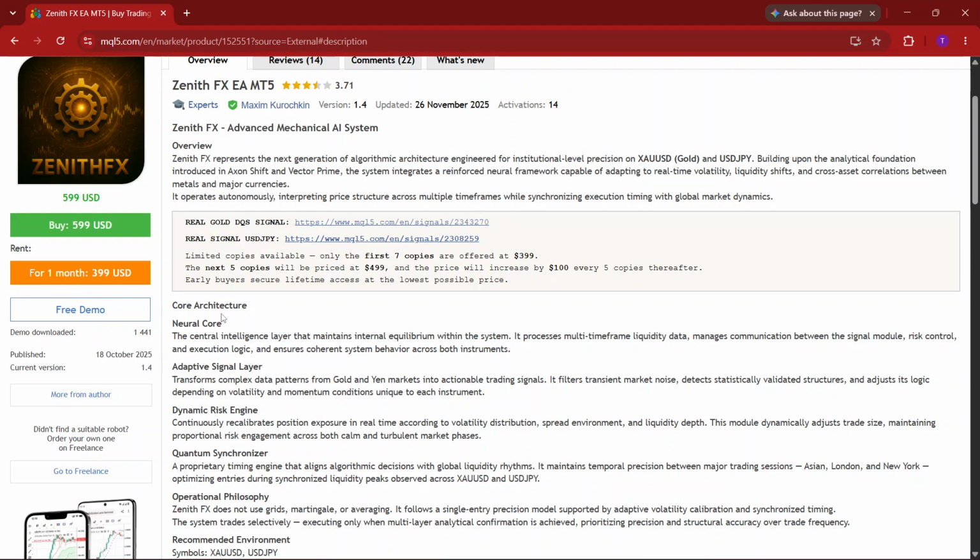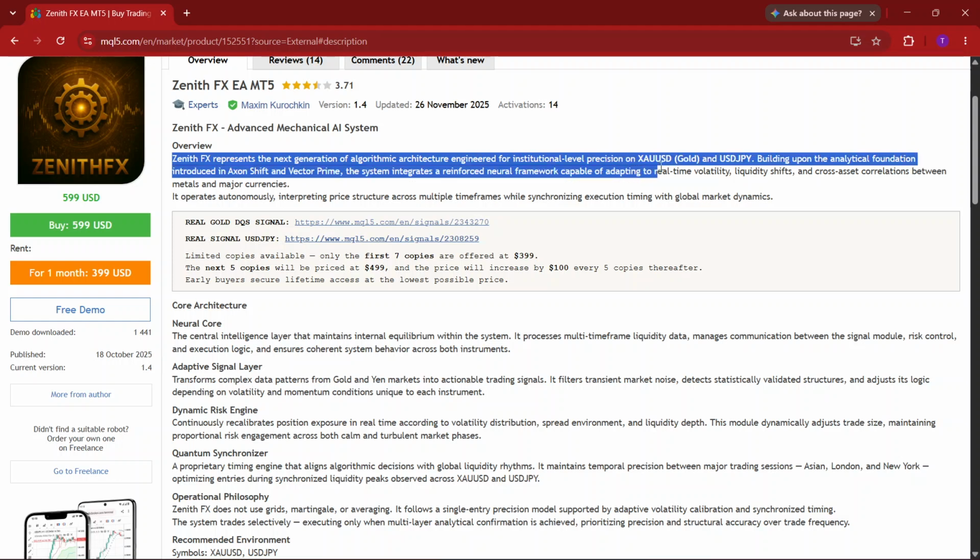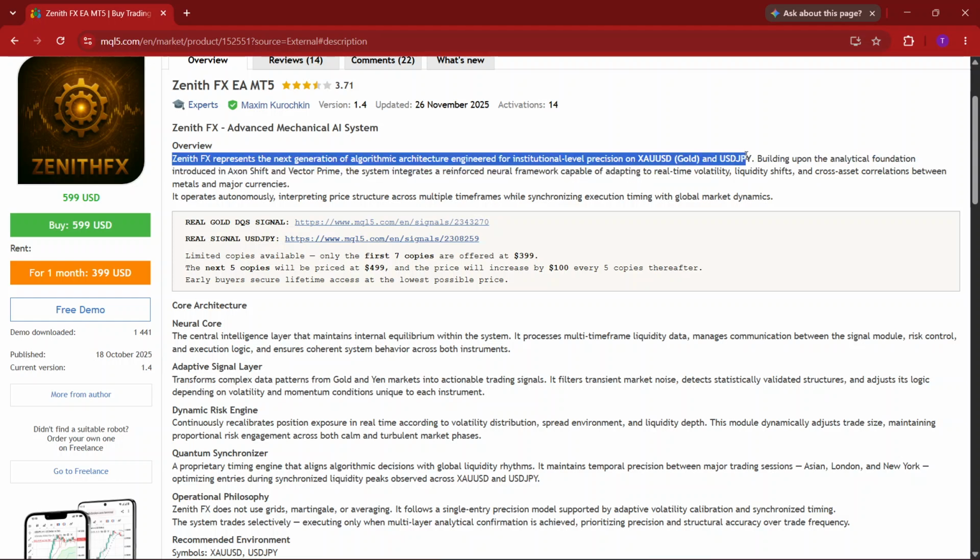I will look over to the product page. They describe Zenith FX as the next generation of algorithmic architecture engineered for institutional level precision on gold USD and USD Japanese yen.